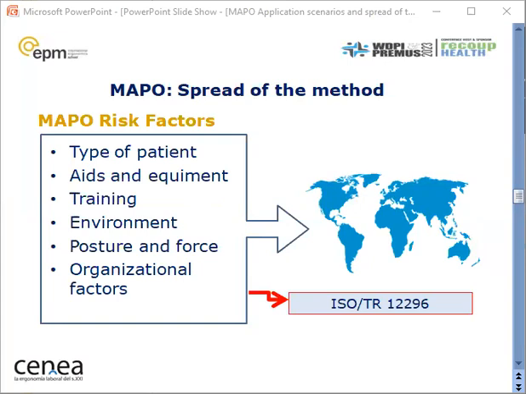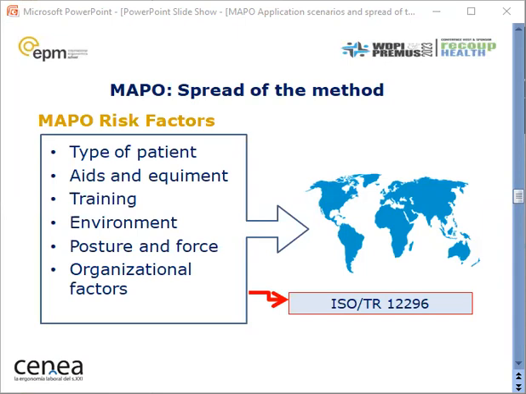And with regard to the dissemination of the method, it's important to note that the risk factors considered by MAPO for the assessment of patient handling tasks, type of patient, aids and equipment, training, environment, posture and force, and organizational factors, are all common aspects to be considered in any place or country where these tasks are performed.